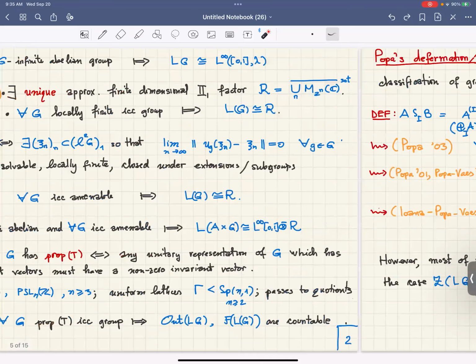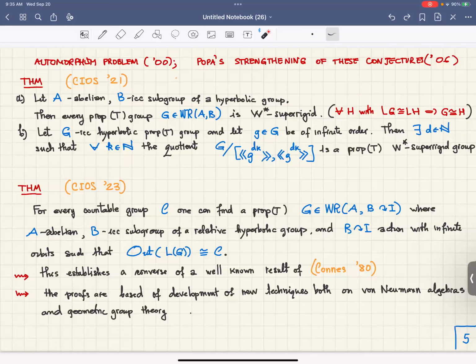So you can reverse this arrow: through a fairly involved development in geometric group theory and also in von Neumann algebras, we can show that any countable group can be realized as the outer automorphism group of a property T factor of a specific wreath-like product group G, right? So if you take any countable group C, then you can find uncountably many G's such that the outer automorphism group of L of G is isomorphic to C.